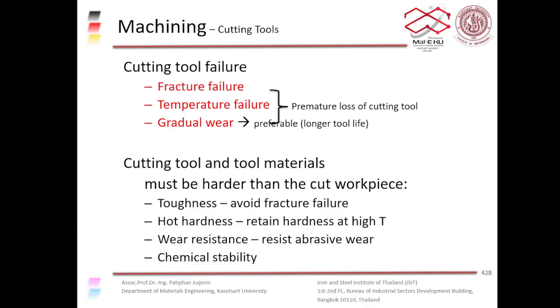You have too much cutting force on the tool point, and it causes the cutting tool to fail in a brittle fracture. Temperature failure is when the cutting temperature is too high for the tool material, causing the material at the tool point to soften. When the cutting tool is softened, you can get plastic deformation easier.